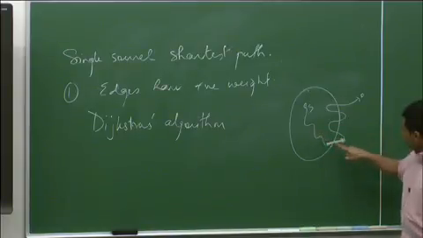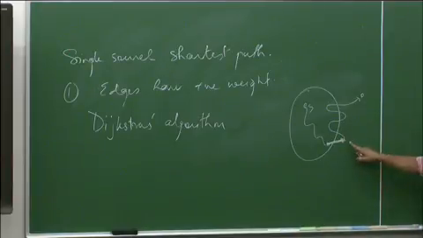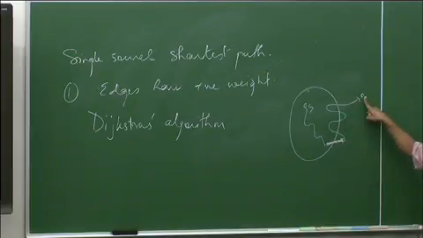Based on all the information that we have, we can show that the d value of this node is going to be smaller than that, and so it needs to be pulled in. The entire argument was based on this node being on the shortest path and therefore having a shortest path distance less than the shortest path distance of the other.